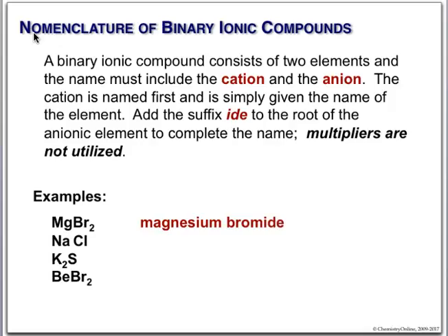This is magnesium bromide. Our first element here is sodium. Our second element, chlorine. The root is chlor. Therefore, we're going to write the anion as chloride.